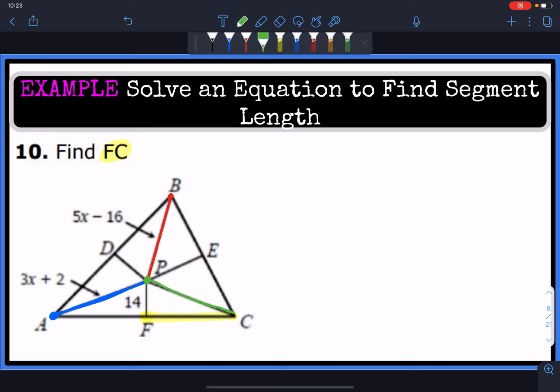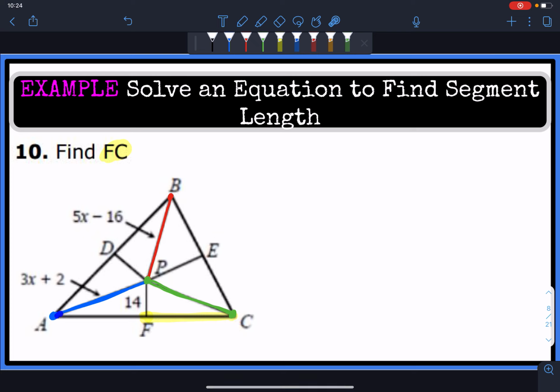So all of these three lines, the blue, the red, and the green, are all equal in length. So let's first figure out how long that line is, and let's see if that could take us closer on how to figure out the distance from F to C.